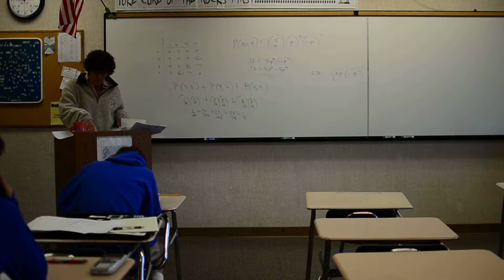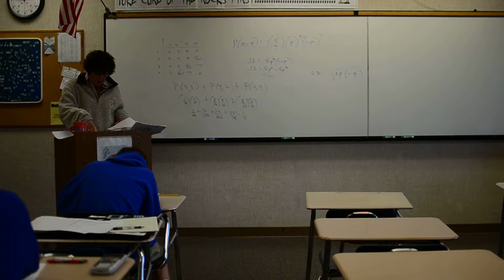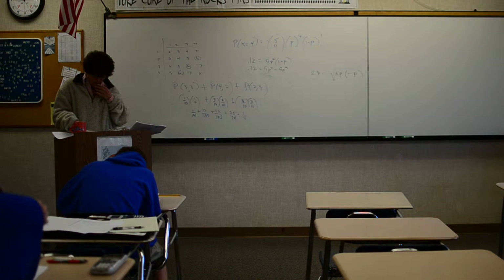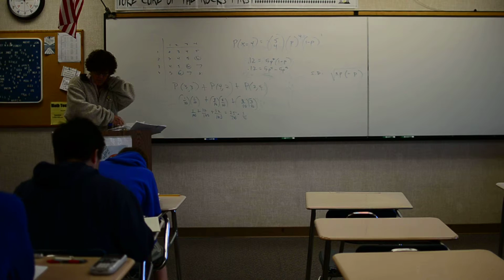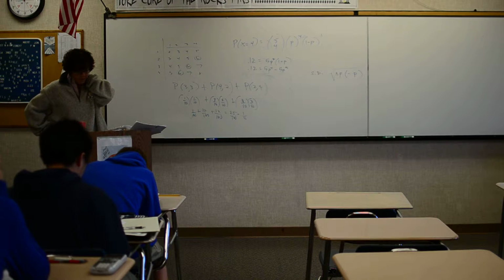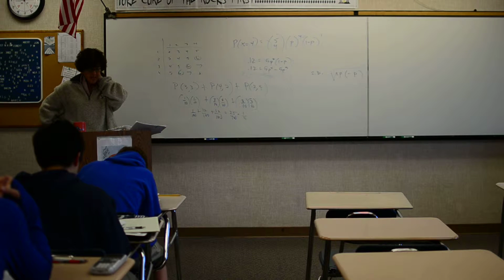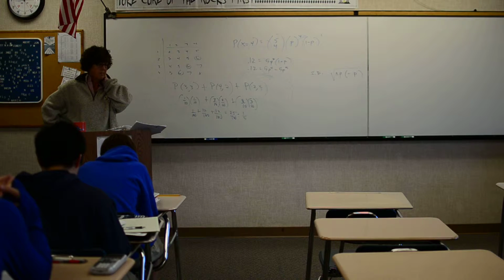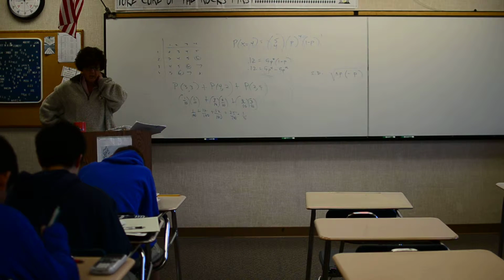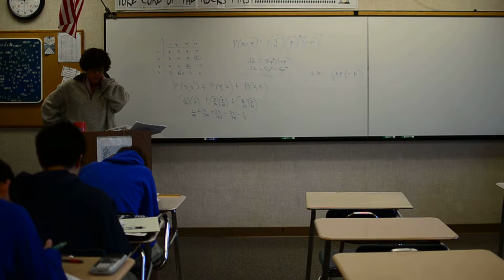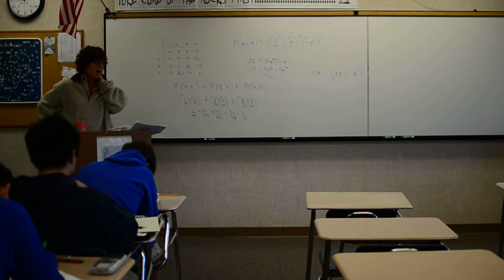Okay, the rate is 0.5 cars per hour. Find the probability that no cars pass this point in a 2-hour period. So the M isn't actually 0.5. The M is 0.5 times 2, because it's 0.5 per hour, but I'm looking at a 2-hour period.